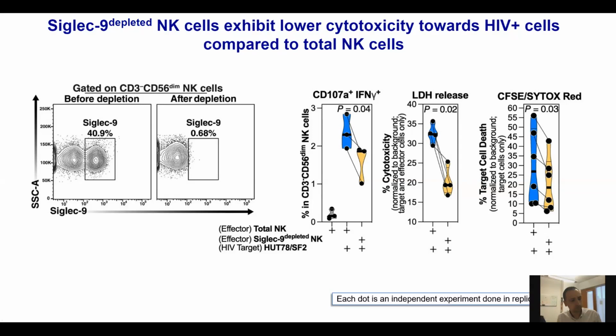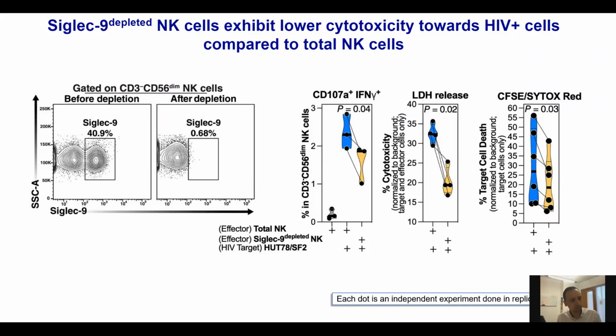You can see, when we measure NK degranulation or cytotoxicity using two different assays, LDH release and CFSE red assay, the total NK cells here in blue can degranulate and kill HIV-infected cells better than Siglec 9 depleted NK cells here in yellow.